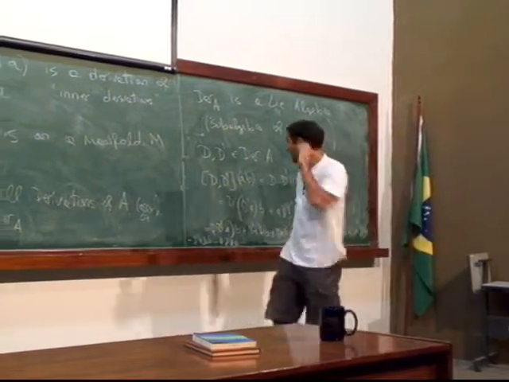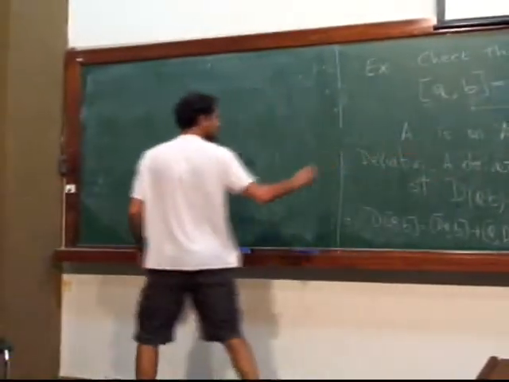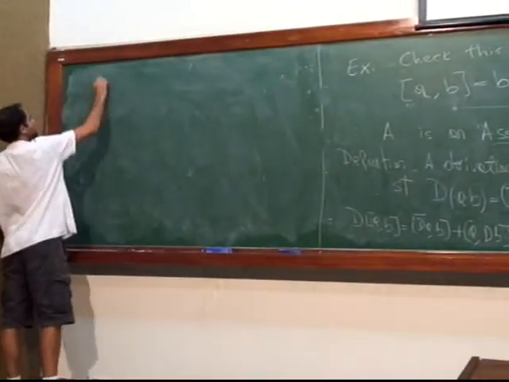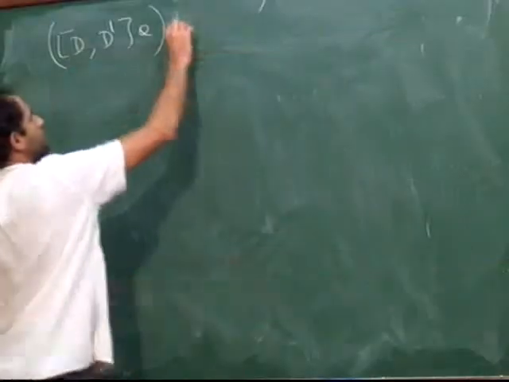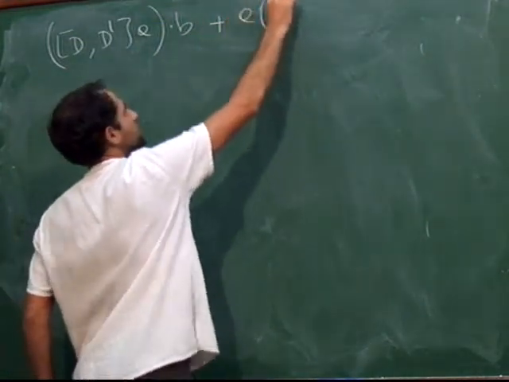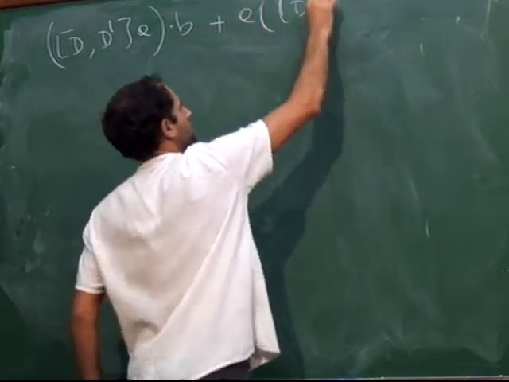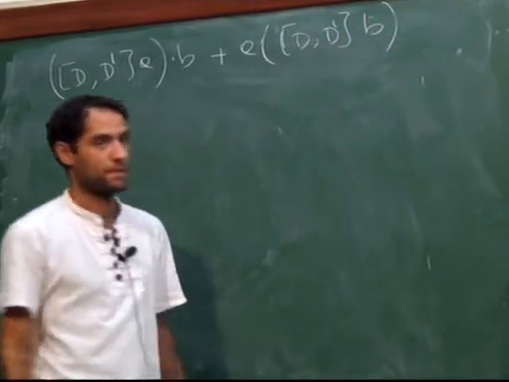So the question is, is that guy equal to the bracket of D with D prime on A times B plus A times the bracket of D with D prime on B?